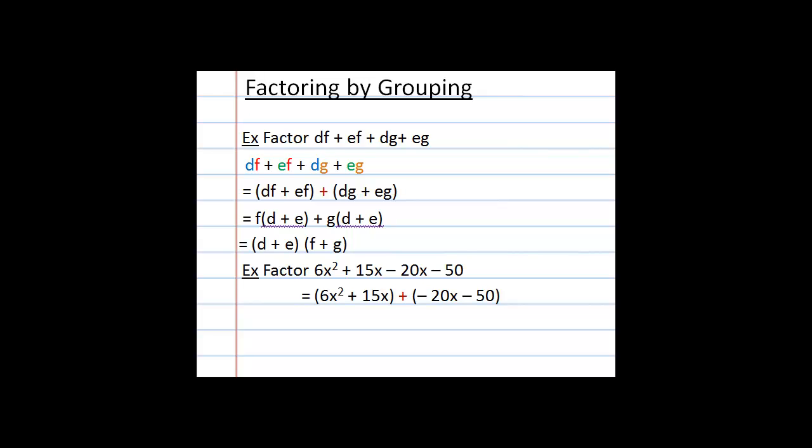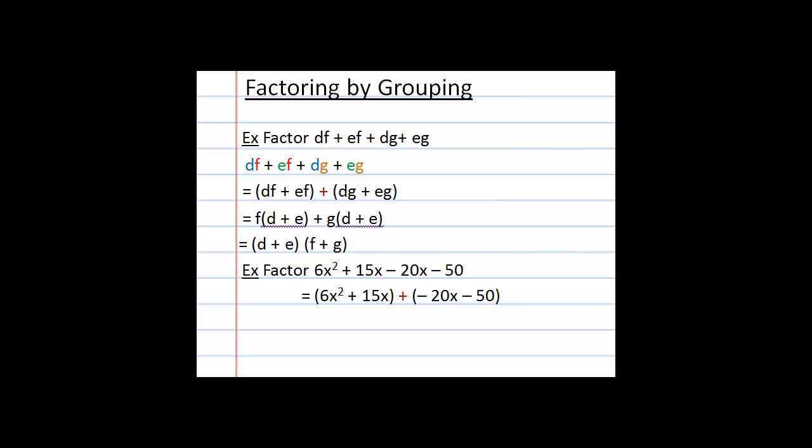So all we're doing is still putting our brackets around the first two terms and the third and fourth term, but I'm going to make sure that I have addition between the two brackets, and the signs travel inside the bracket with the terms. Contrary to that, I could also put the negative sign outside. If I wanted to write this as a subtraction, remember that subtraction will change both of the signs in the bracket that it's next to.